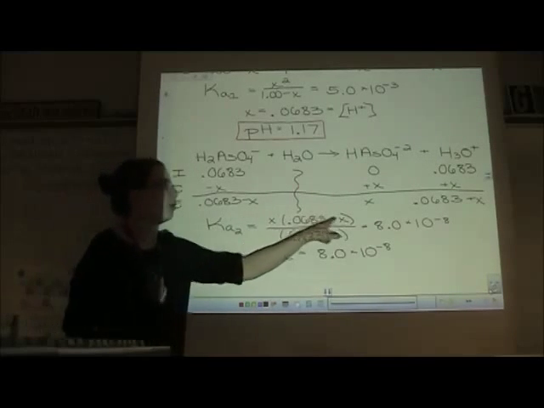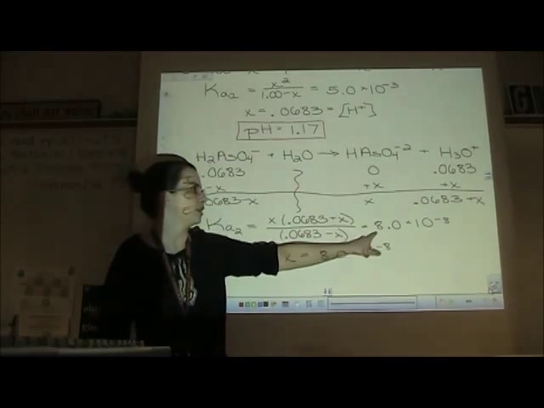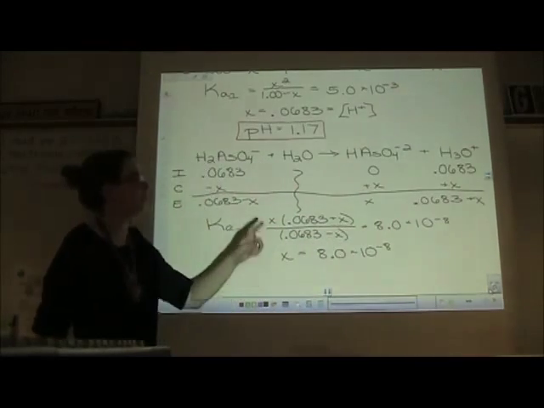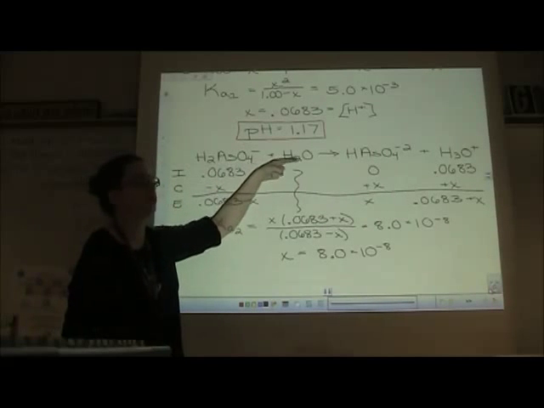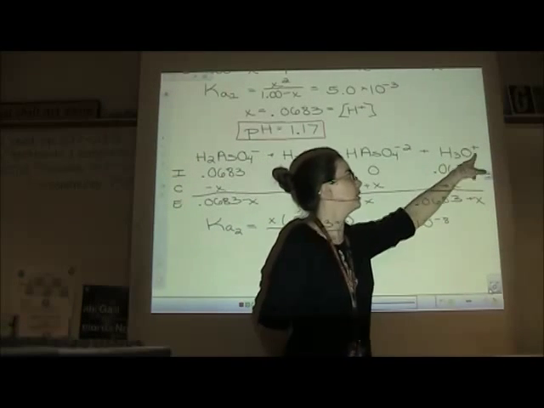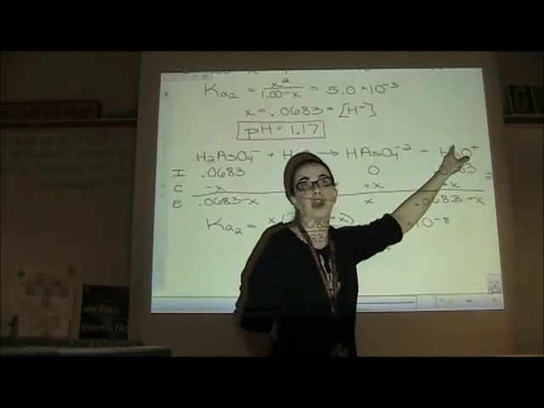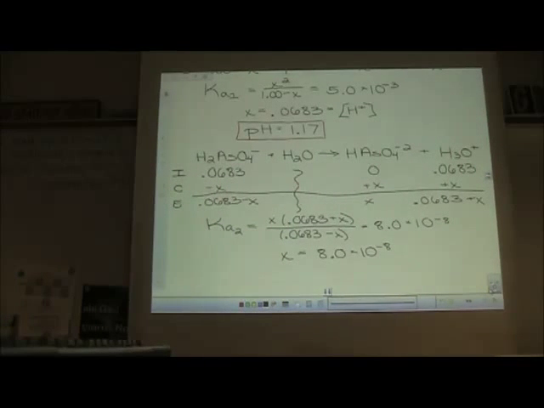But based upon how small that Ka value is, this reaction, although yes it does happen, does not go in the forward direction very much at all. So I'm not getting very much more of this than I had above it. So the pH is not really going to change.